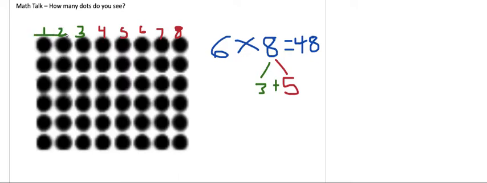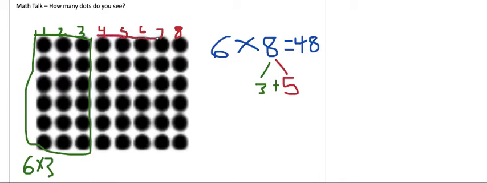So this is basically 6 times 3 over here. 6 rows times 3 columns. And this other array is 6 times 5. Even though it has 4, 5, 6, 7, 8, those are 5 columns over there. So this is 6 times 5.